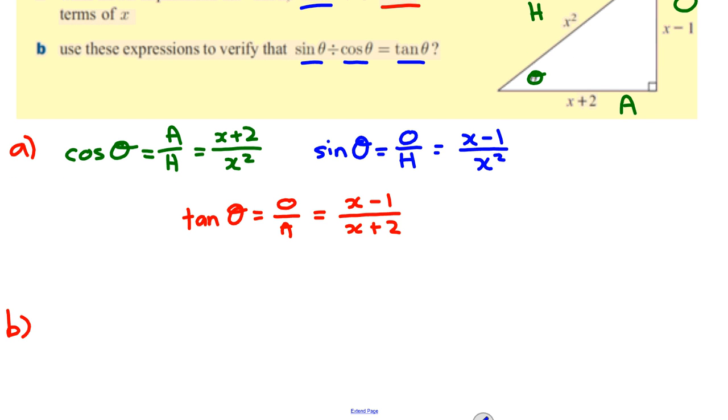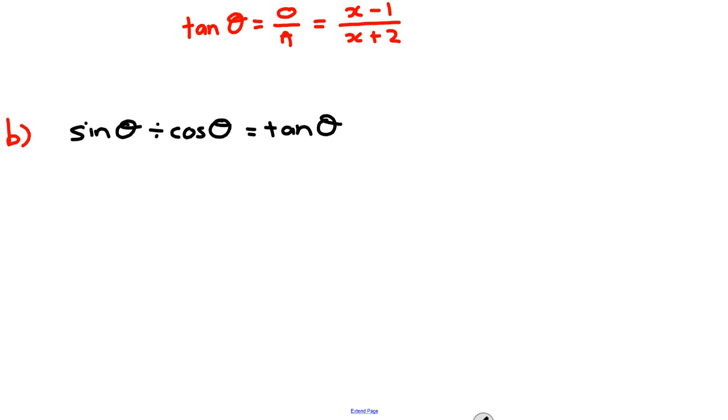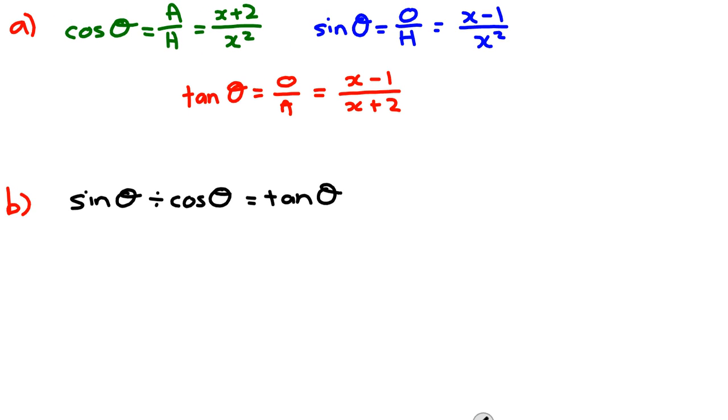So let's set up our fraction. Sine theta is x minus 1 over x squared. Well, you might want to write the whole thing first. Let's write it out. Sine theta divided by cos theta equals tan theta. So let's write up the tan that we're meant to set up. Then we can write the fractions underneath it, which will be a lot easier.